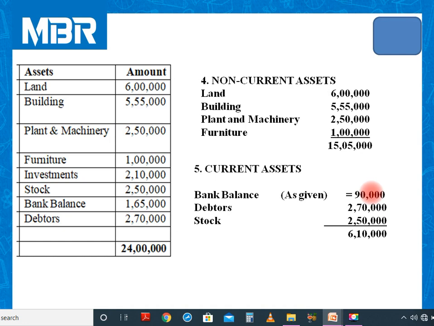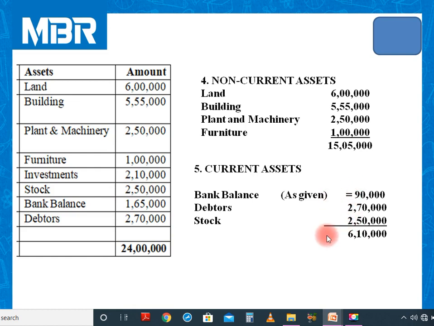If you want to calculate closing bank balance in detail, you can go to step number 3. In step number 3, after collection of all information related to receipts and payment, we have completed calculation of closing balance or adjustment of closing balance as well. Debtors 2,70,000 and information related to stock is given in the balance sheet as 2,50,000.